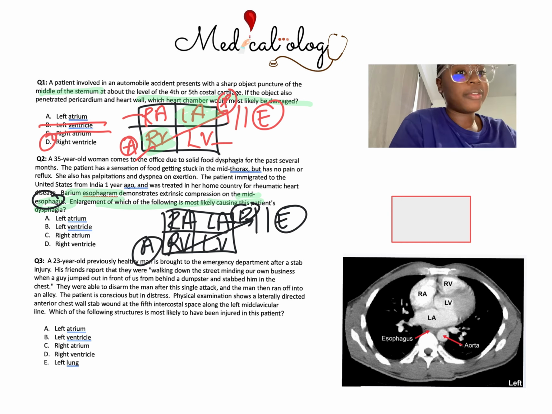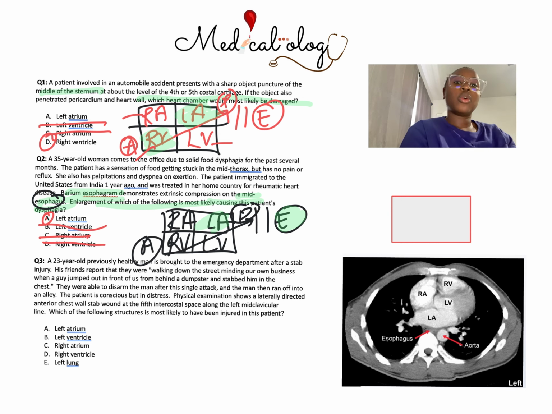And what is next to the left atrium? Our esophagus, right? So here they're hinting that the esophagus is being compressed, and what chamber of the heart is closer to the esophagus? The left atrium, okay? So the answer here would be what? Left atrium. So we can cross out right ventricle, we can cross out right atrium, and we can cross out left ventricle, okay?